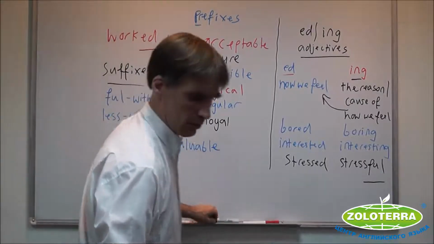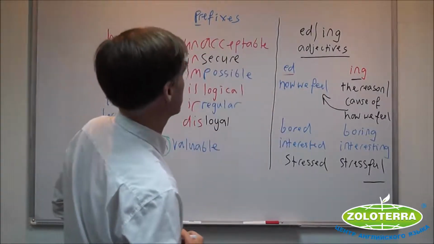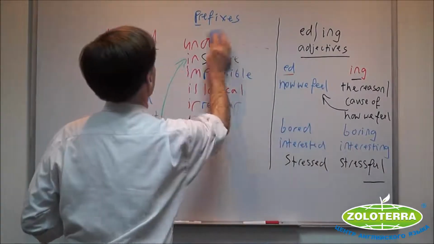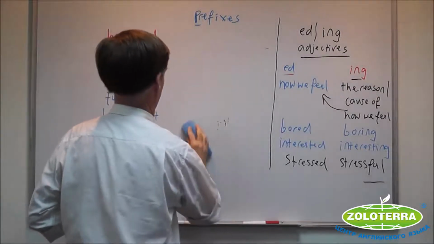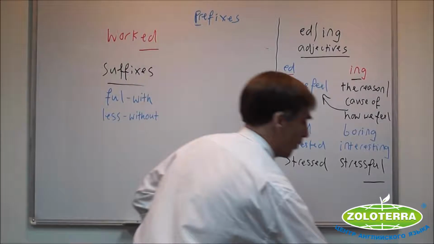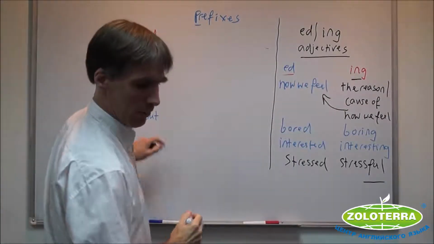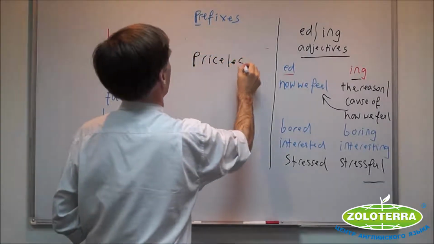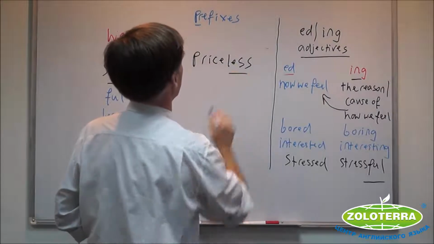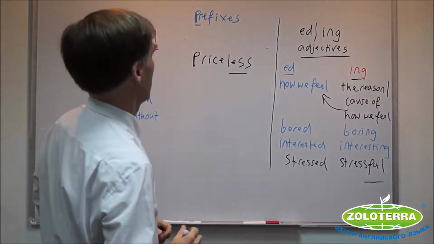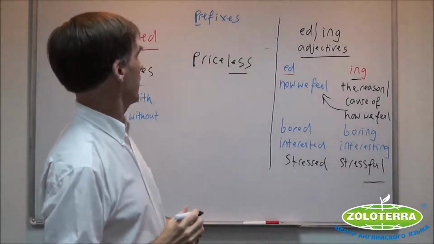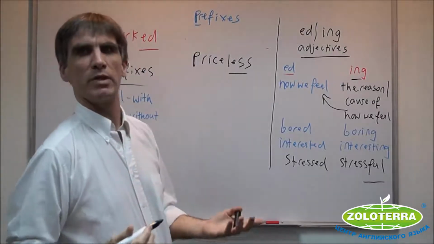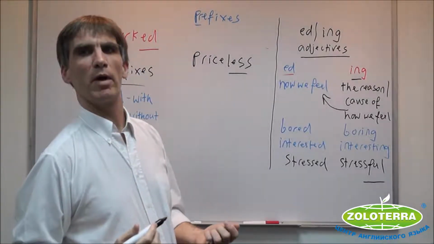But let's look at two words which have a connection, in fact, to invaluable. Priceless. So it has this suffix. Means something where the price, the value of the price we attach to something is so high, we would never sell it. For example, I will never sell you my Ferrari.